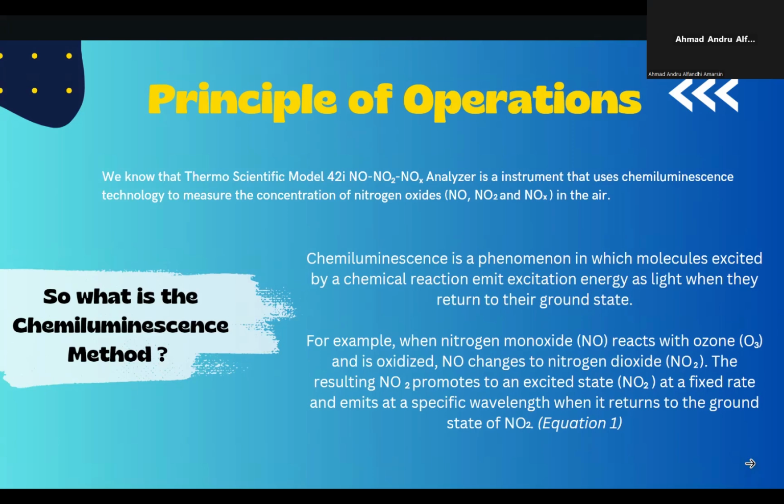the resulting NO2 is promoted to an excited state at a fixed rate and emits light at a specific wavelength when it returns to the ground state of NO2. Next.